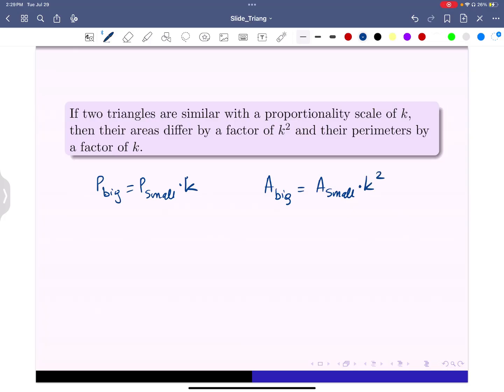Or we can write it down that perimeter big divided by perimeter small is equal to my scale, but area big divided by area small would give us k squared.